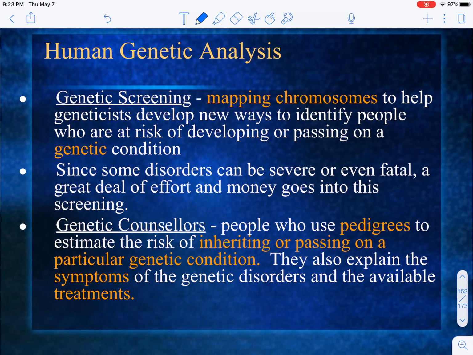And that brings us to the last thing, about why this is often done. It's for genetic counseling, to look at the possibility of passing conditions in the family and whether it is a dominant or recessive condition. So genetic counselors would use that. For genetic screening, they may actually have to look carefully at mapping chromosomes to tell.